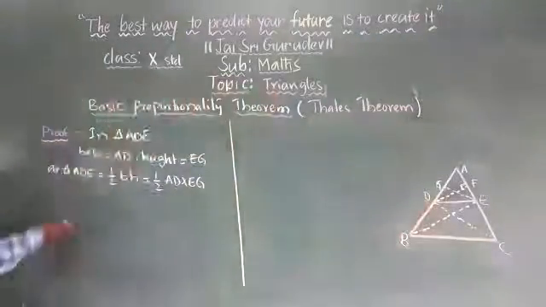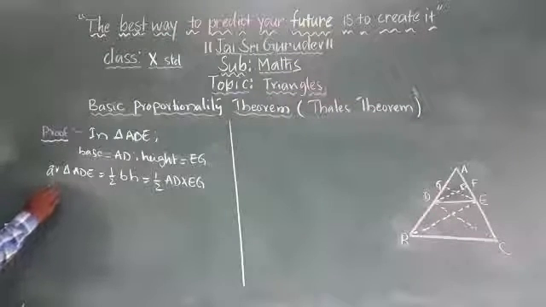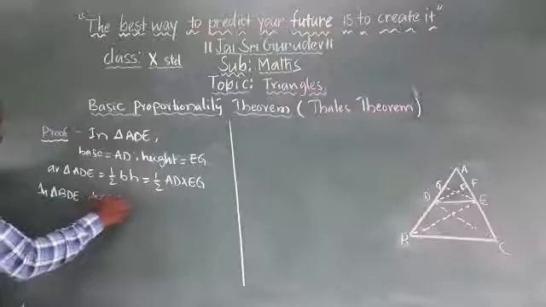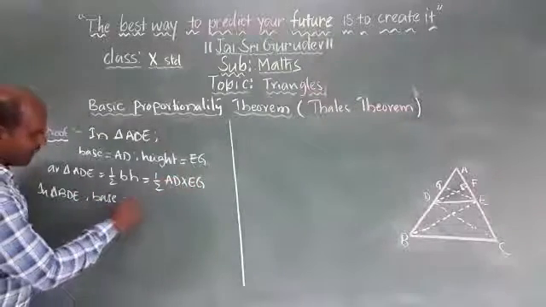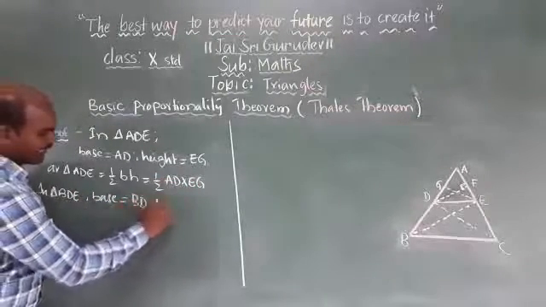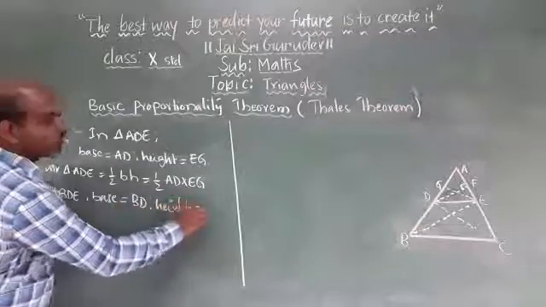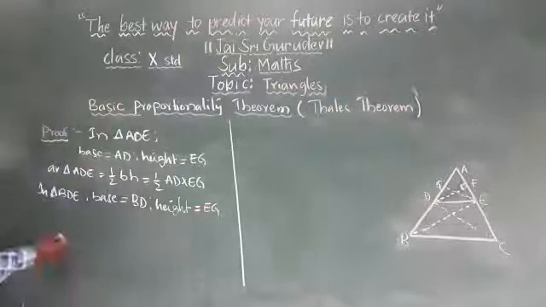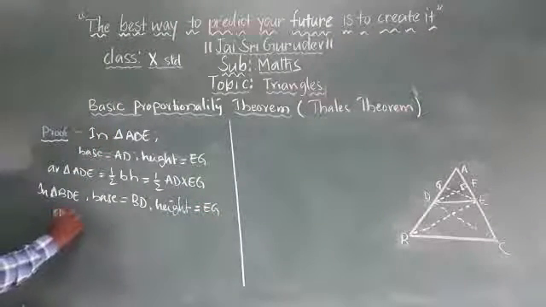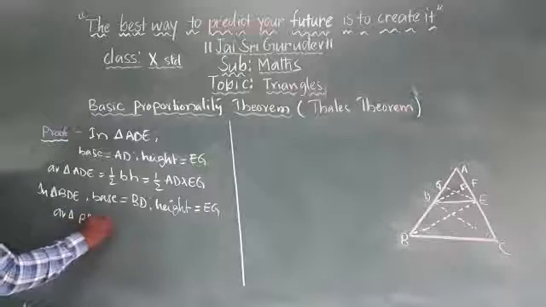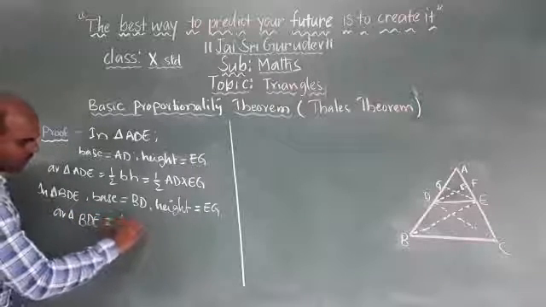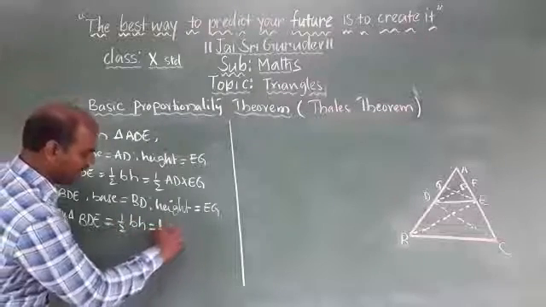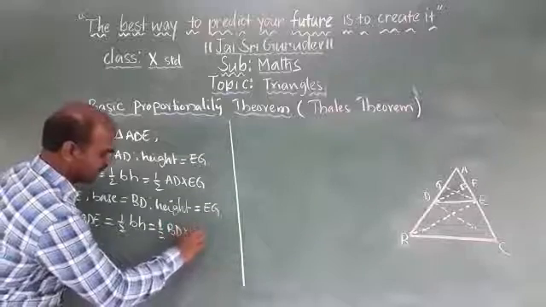In triangle BDE, we consider the base as BD and the height as EG. Then the area of triangle BDE is half of base into height, that is half of BD into EG.